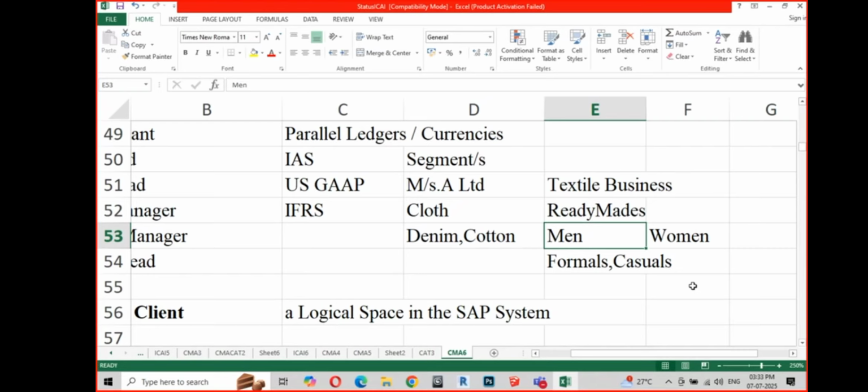Now, are you getting the clarity as to what is a segment and what is a company code? This is what you asked for, right? Have I understood your question correctly? Actually, I wanted to avoid this, but since you came up with a question, I'm answering this.